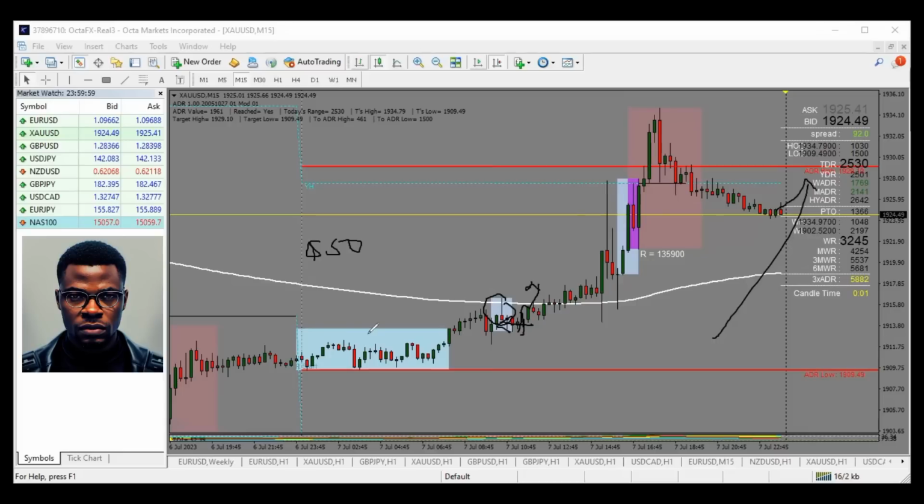When I say I was using a $50 capital, I entered because the market has good volatility. I wasn't using 10 pips, I was using a 20 pips stop loss. So I entered with 0.25 around here, and gold pulled up against me, and I quickly closed my trade at a $42 loss.